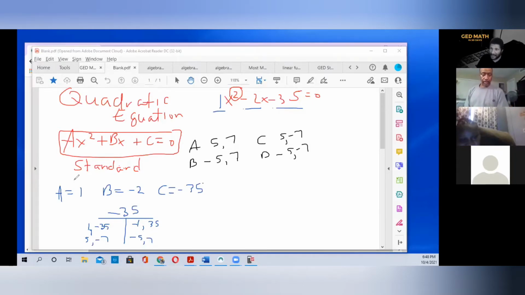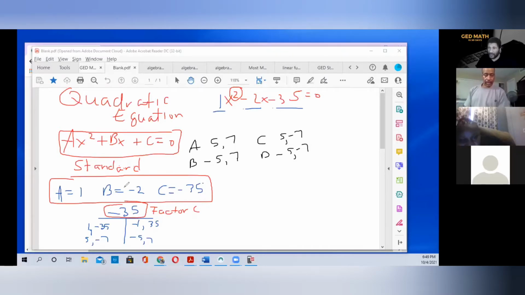First step was to identify A, B, and C. The second step was to factor C. The third step is to find which pair is going to give you B. So which pair is going to give me -2? 5 and -7, because 5 plus -7 is -2.